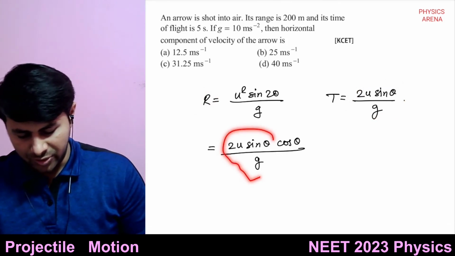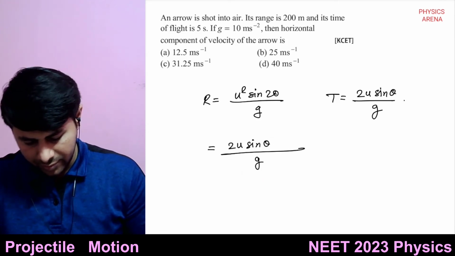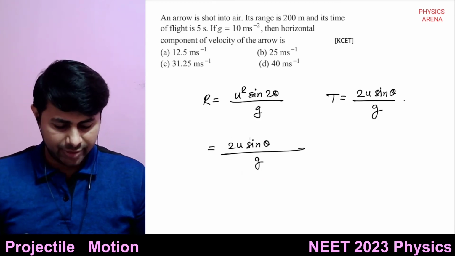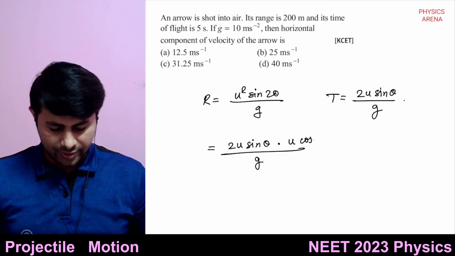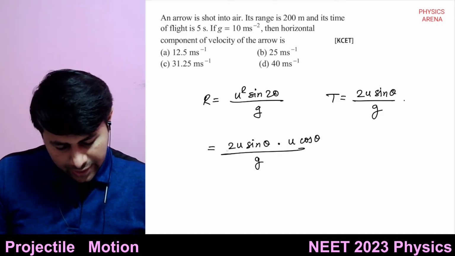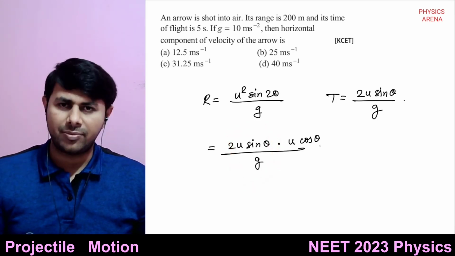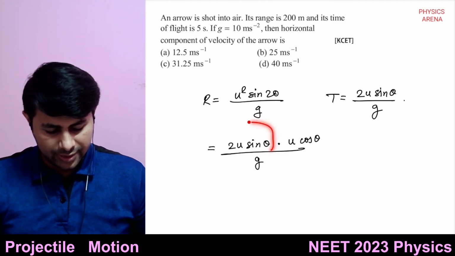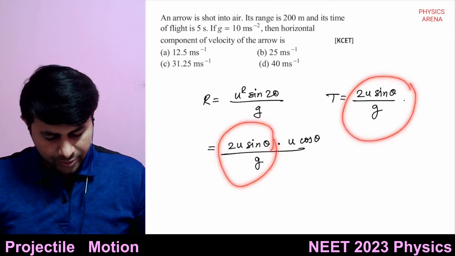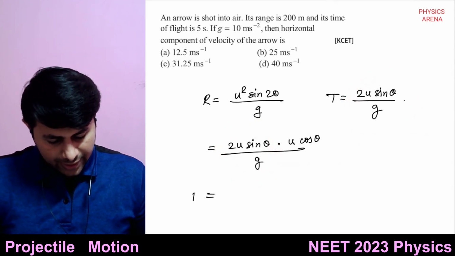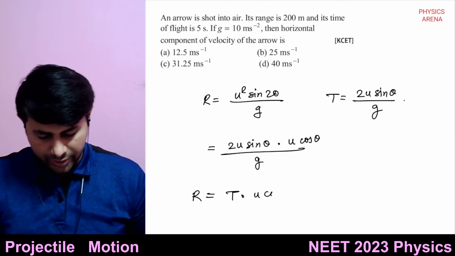Oh no, one u is missing, right? 2u square. Okay, I missed the square, but it's good. So this can be written as 2u sine theta multiplied by u cos theta upon g, and this thing is time of flight. So R is equal to time of flight multiplied by u cos theta, and you want the horizontal component of velocity.